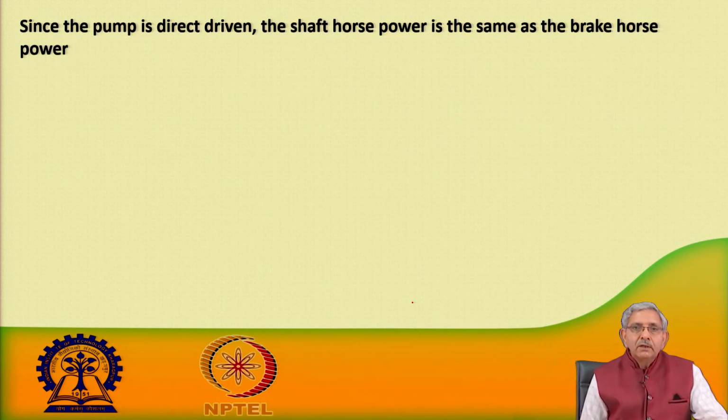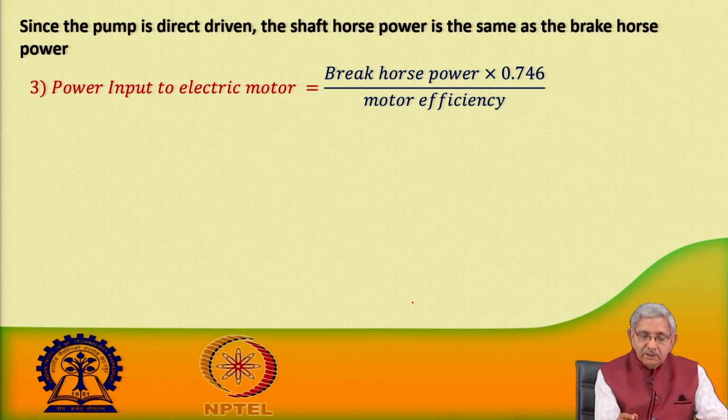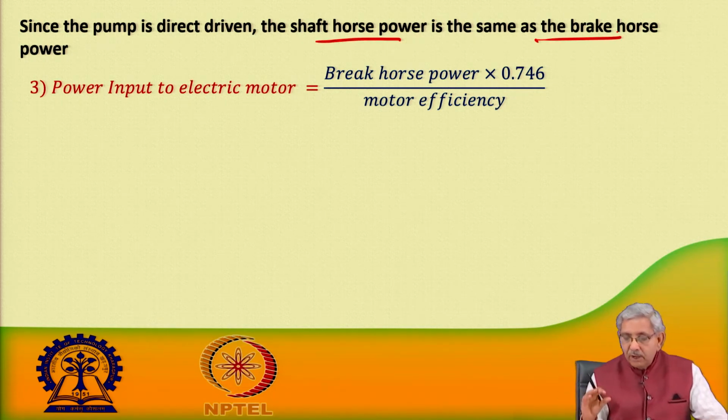Since the pump is direct driven, the shaft horsepower is the same as the brake horsepower, because there is no loss.